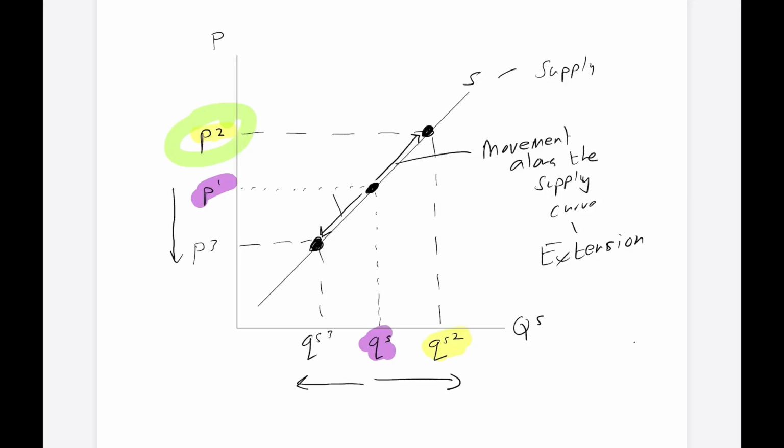Now this is also a movement along the supply curve, but because the quantity of the product firms are willing and able to supply has decreased from QS to QS3, this means there has been a contraction in supply.